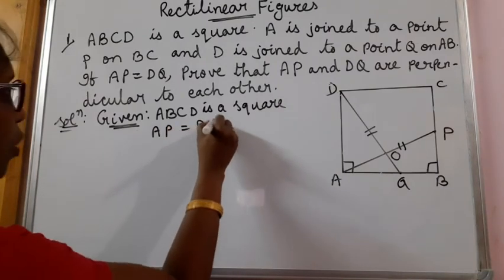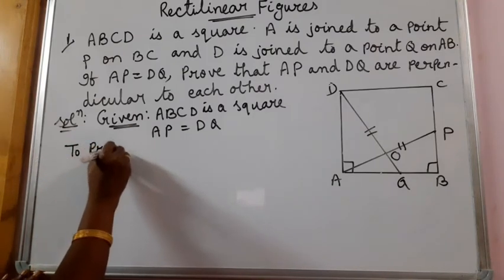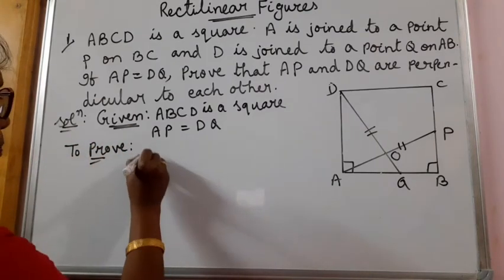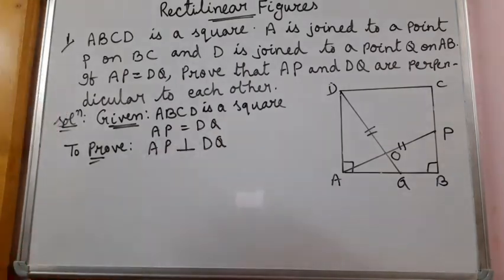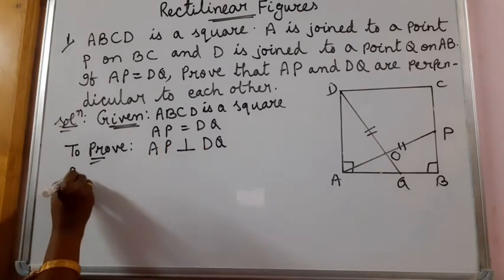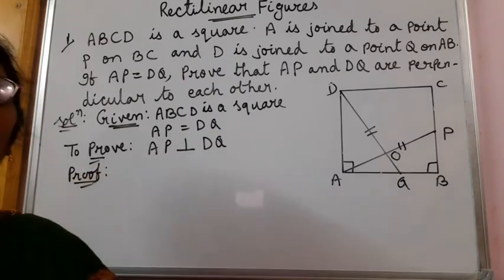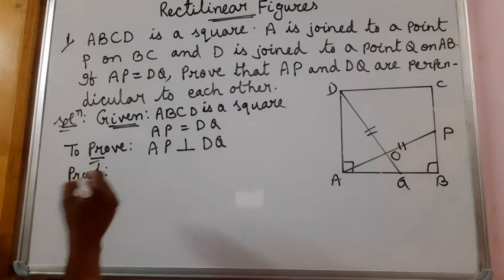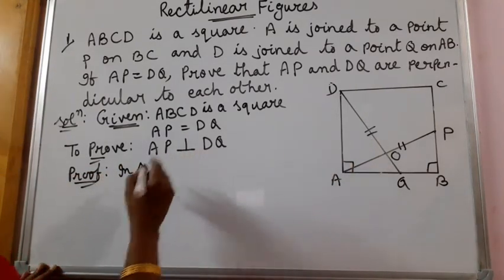And we have to prove that AP and DQ are perpendicular to each other, or you can write angle DOP is 90 degree. So next comes the actual proof step. In order to prove this, let us make triangle ADQ and triangle ABP congruent.